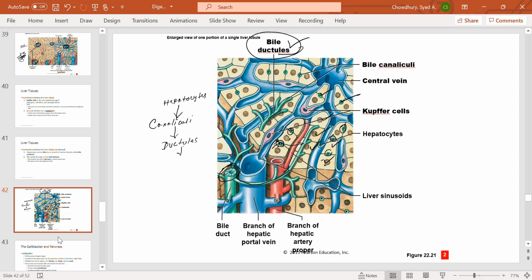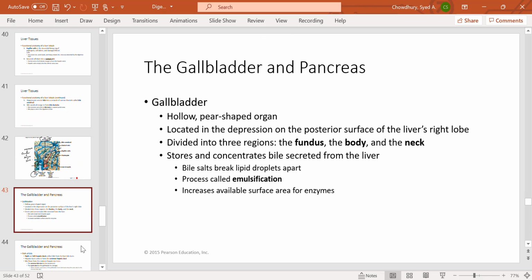Then bile ductules will give to the bile duct in each corner, that means in each triad ducts, okay. So that's how the bile will be collected and will be taken to the gallbladder, right?